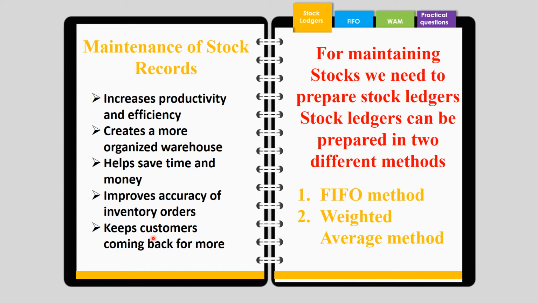It also keeps customers coming back more since we are giving them the production on time, the consignment on target date. Now, for maintaining these stocks, we need to prepare stock ledgers, and these stock ledgers can be prepared in two different methods. First method is FIFO method, second method is weighted average method.